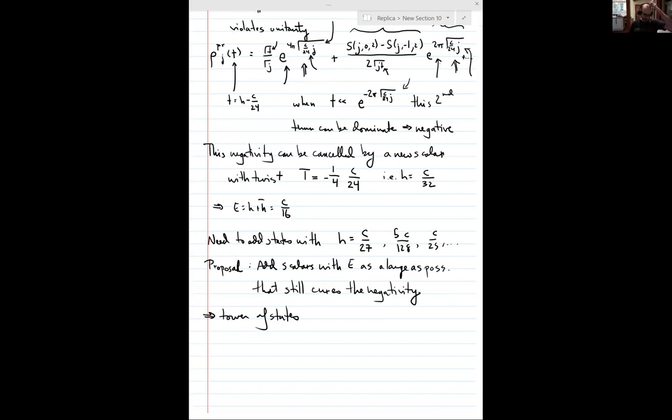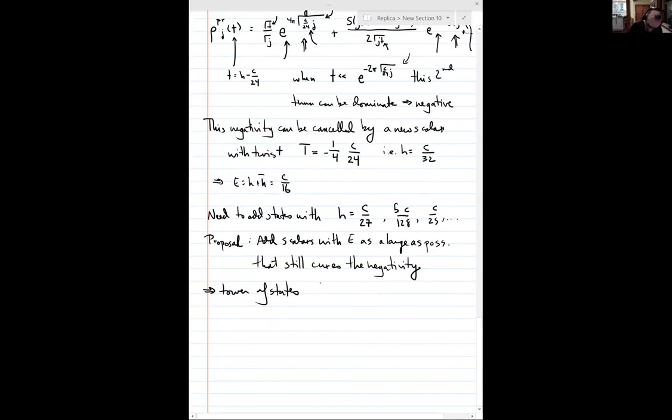Okay. And it turns out, if I gave you 5 minutes, you could actually discover the pattern here. I'll write it in terms of the energy, which is h plus h bar, is c over 12 times 1 minus 1 over n squared.